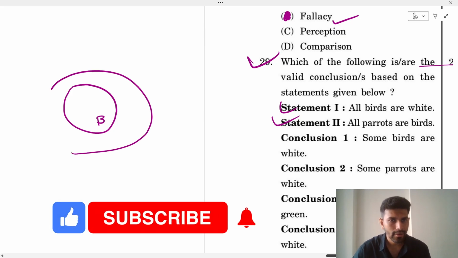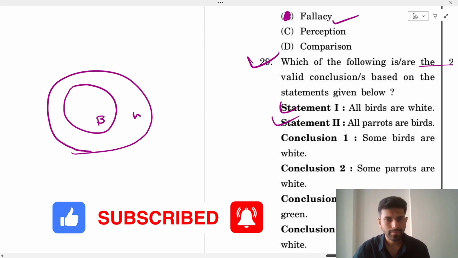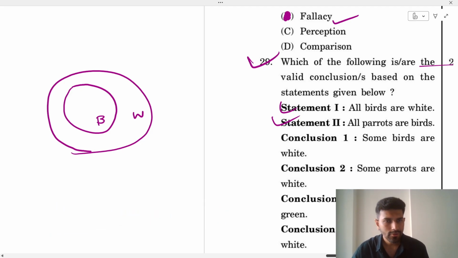Statement 2. All parrots are birds. Conclusion 1. Some birds are white. True. Conclusion 1 is true, because all birds are white, so some birds are white is also a valid conclusion.